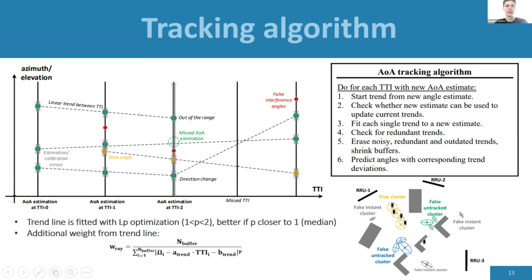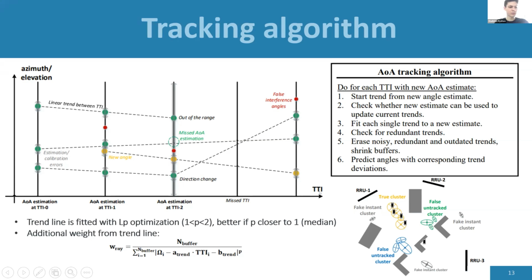We assumed that in the Angular domain, each measurement changes linearly, which is very close to a real measurement that was done in another article. We didn't measure this one. And we also assume that there can be false interference angles, the red ones. At some TTI a new angle may happen, and we have to track it too.